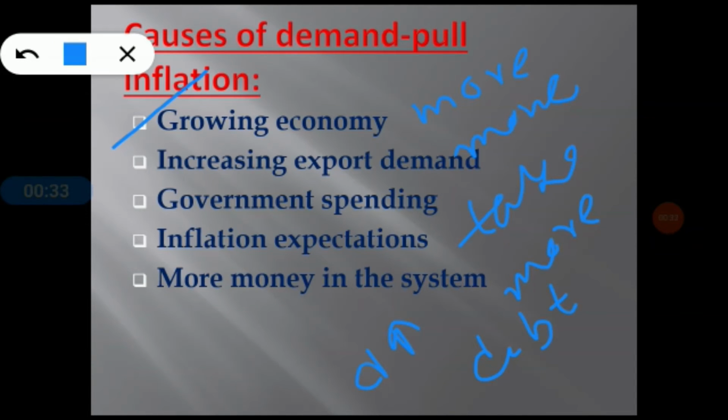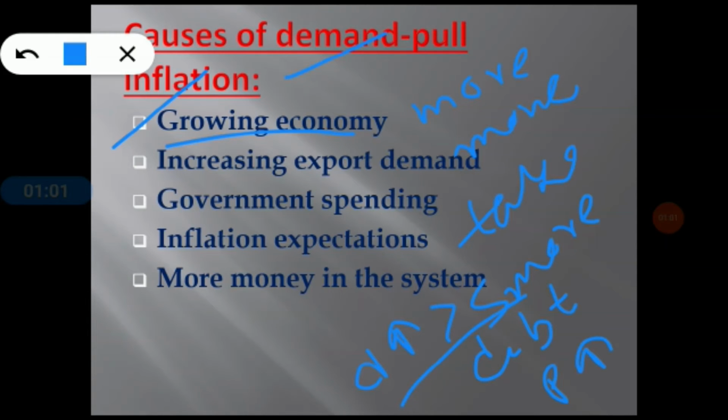So demand increases more than supply. So demand is greater than supply. That means the price level increases. Price level increases means inflation, and inflation is originating from the demand forces or aggregate demand forces, and that's why it is demand pull inflation. That's why the economy grows due to the demand pull inflation.